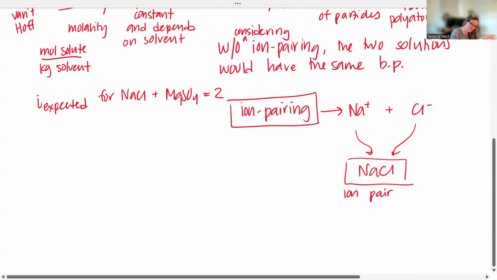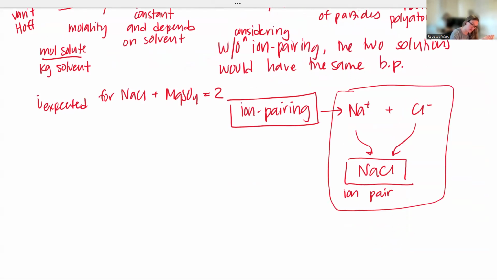We've already drawn this out, and they're at the same concentrations. If they were at different concentrations, this would be an unfair question, because concentration is one of the things that dictates how much our ions actually come together in solution to make that ion pair.